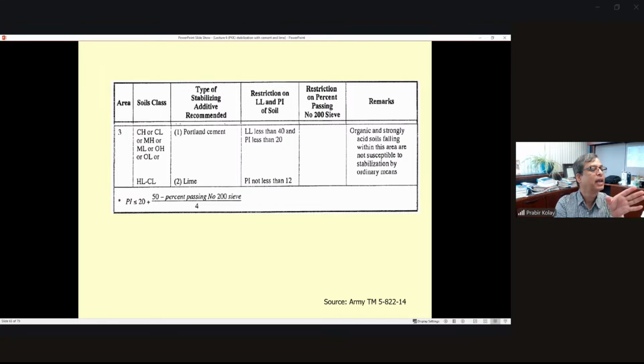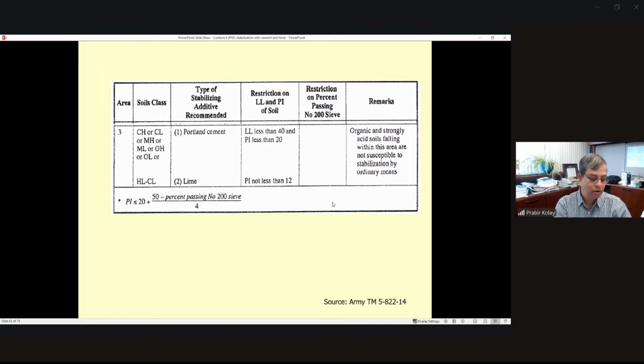And the area 3, again, is mostly for clay, the high compressible clay or low compressible clay, or highly compressible silt or low compressible silt or highly organic soil. So again, you need to use the Portland cement. Or if it is highly compressible or low compressible clay, then you need to use the lime. For organic soil, it's a different thing.